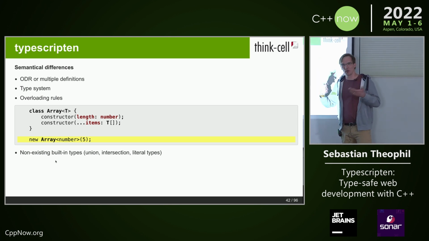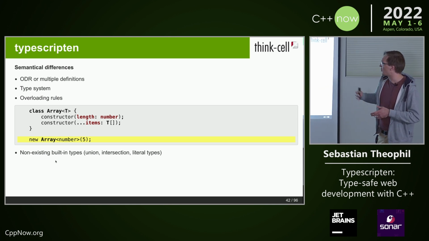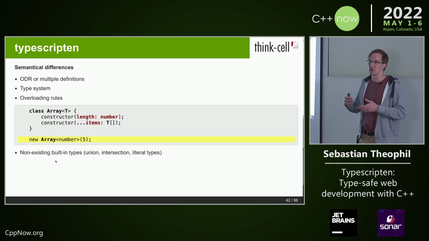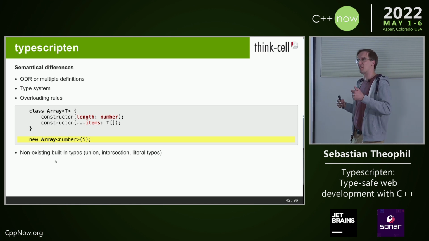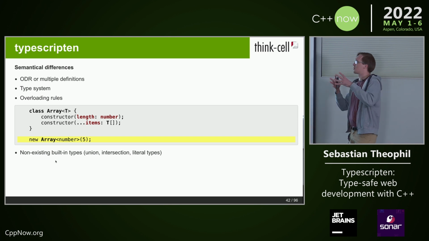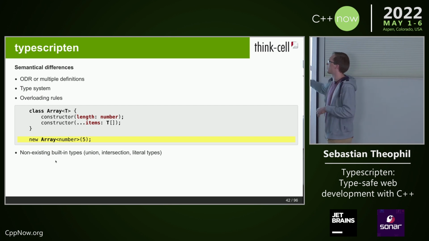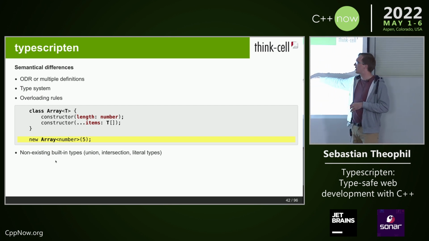So in C++, we have the one definition rule. In TypeScript, you can have multiple definitions of an interface with the same name, for example. And these could have different properties, and they would just be all lumped together into a single type with all of those properties. That's something that the parser does for us, luckily.